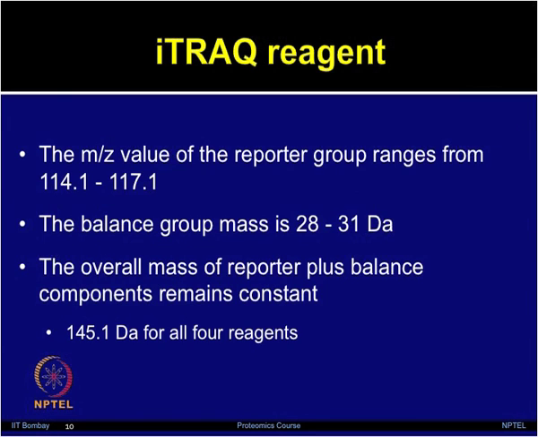The mass to charge value of these reporter groups ranges from 114.1 to 117.1 if you are using a 4-plex reagent. The balance group mass is 28 to 31 Dalton. The overall mass of reporter plus balance components remains constant, so 145.1 Dalton will remain for all the 4 reagents.